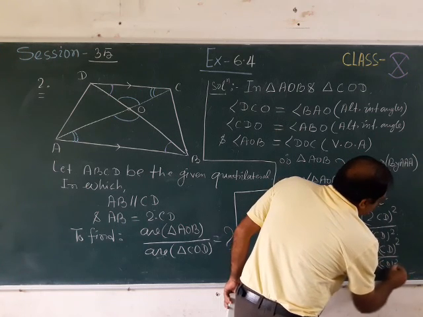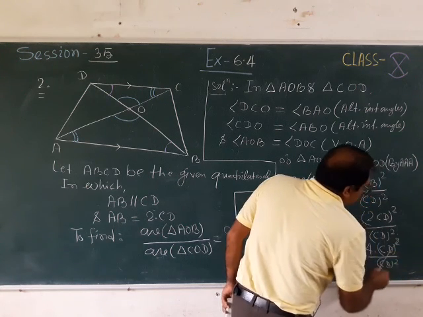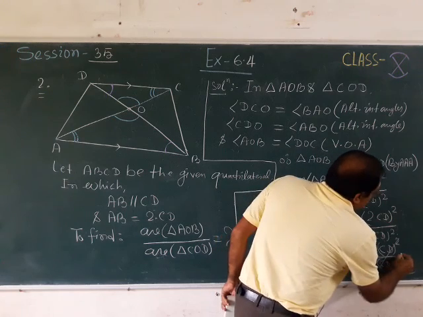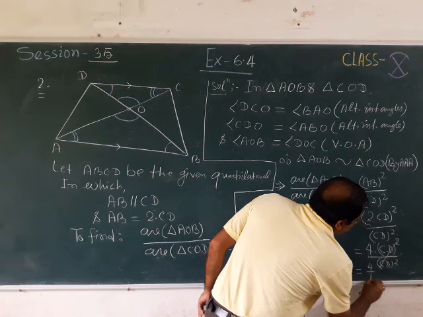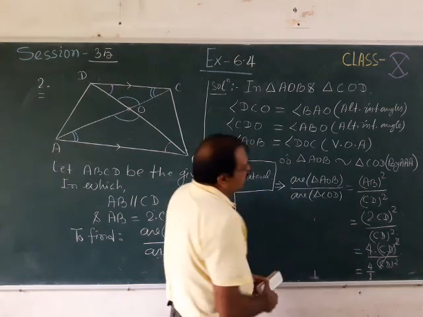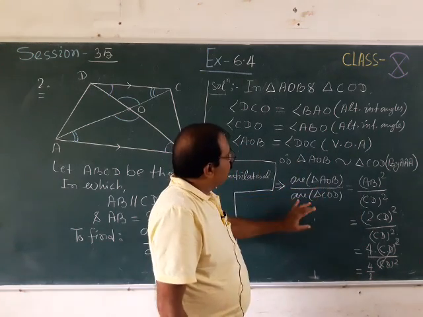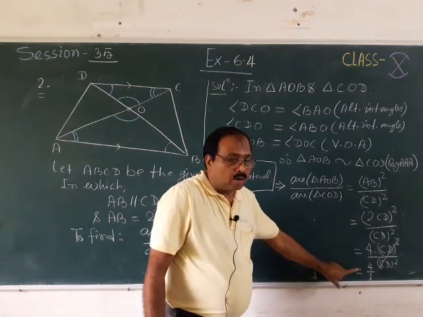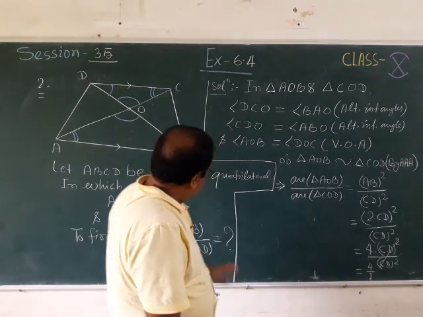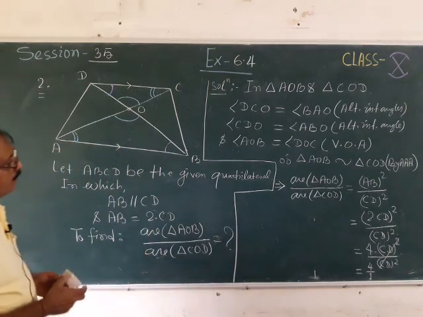So CD square will get cancelled and here you will have 4 upon 1. What are you getting there? Area of triangle AOB upon area of triangle COD equal to 4 upon 1. That means you can write your final answer.